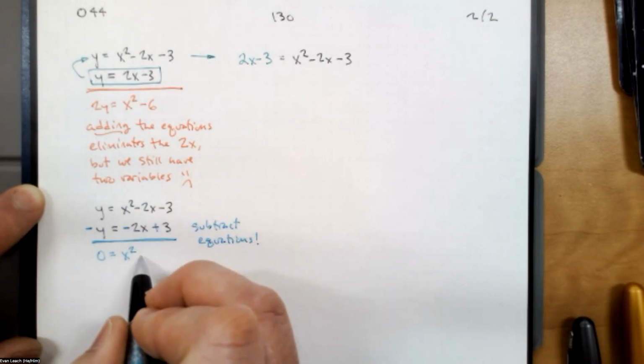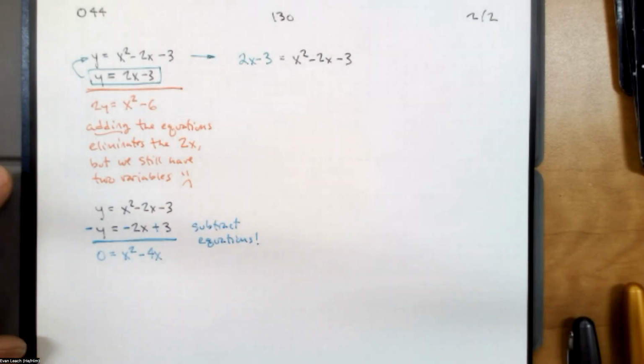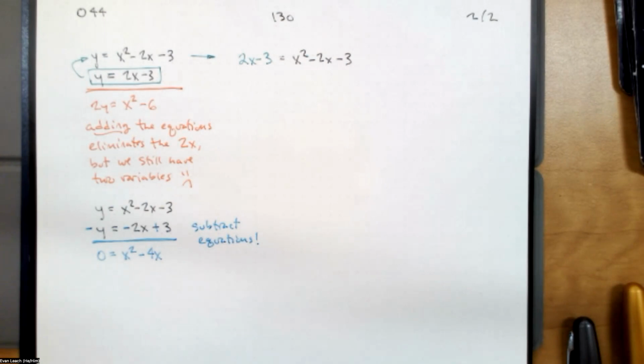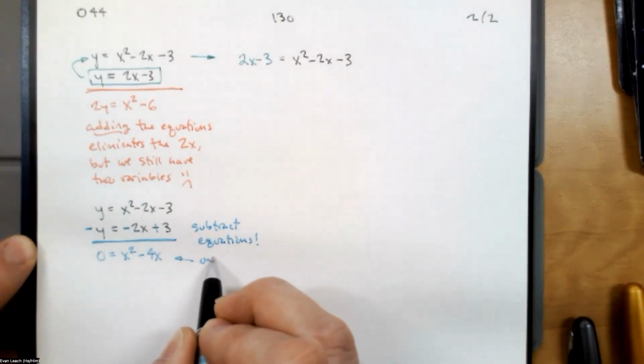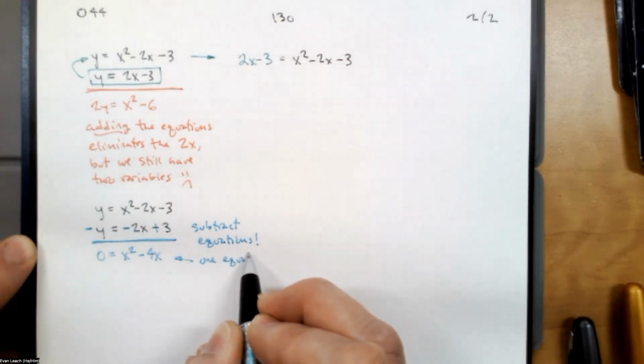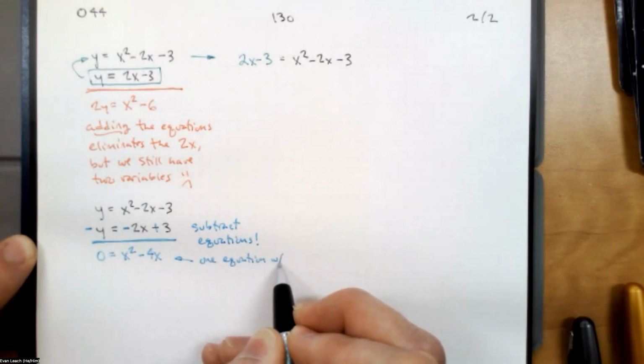Negative 2x minus 2x is minus 4x. We didn't get rid of the x, but that's okay, because that's still x. That x squared and the x, we still got one equation. We got rid of the y's. And then negative 3 plus 3 is 0. And so that leads to one equation with one variable.